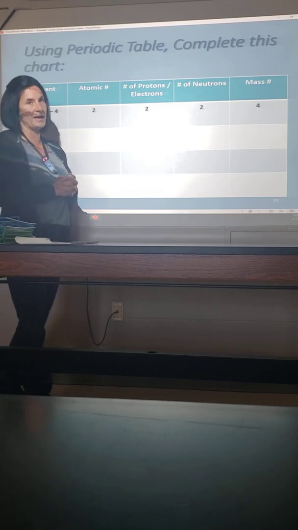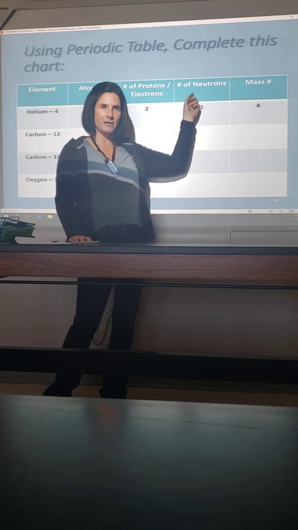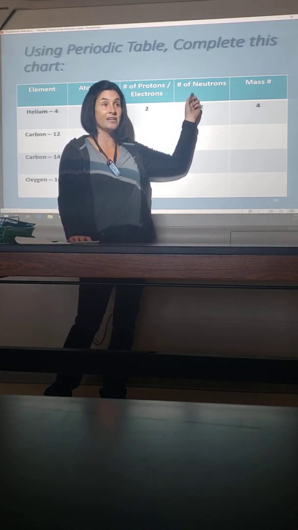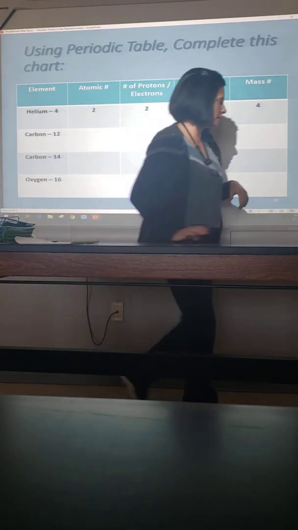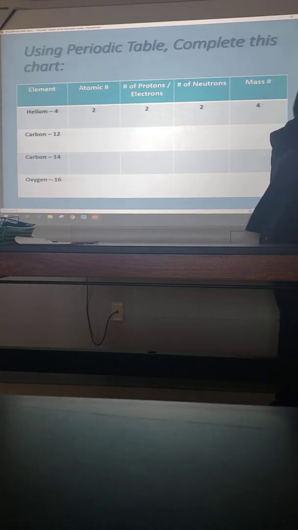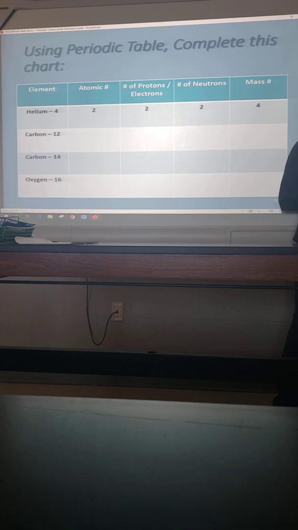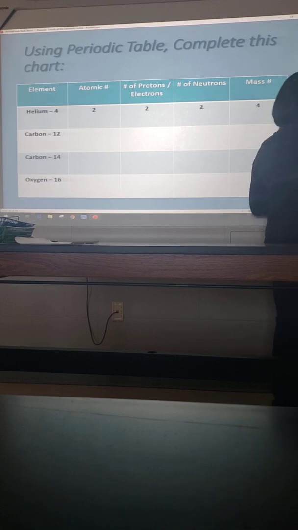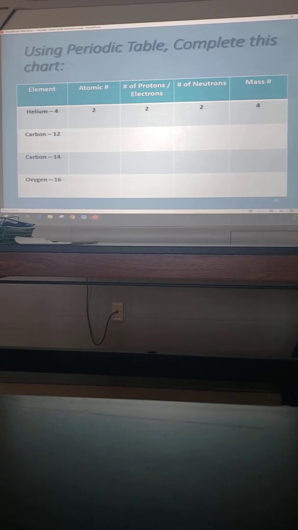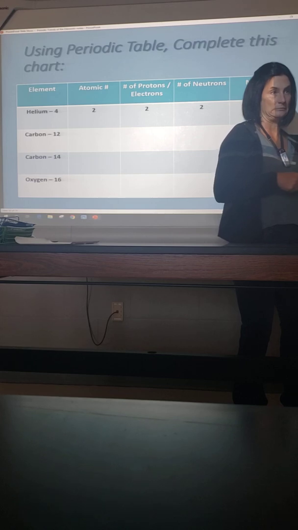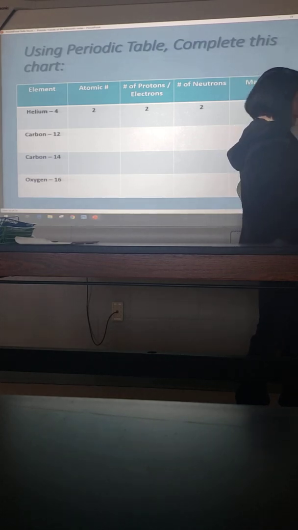All right, one thing that we haven't talked about, how do we find the number of neutrons? Well, it's very easy. If you take a capital P plus N, right, which is your mass number, and you subtract your number of protons, which is your atomic number, you end up with your number of neutrons. If that makes sense. You're like, what?